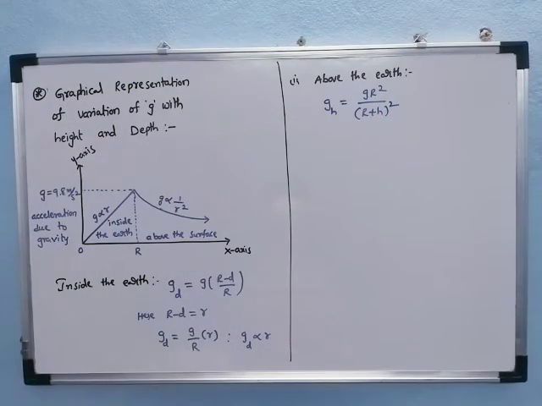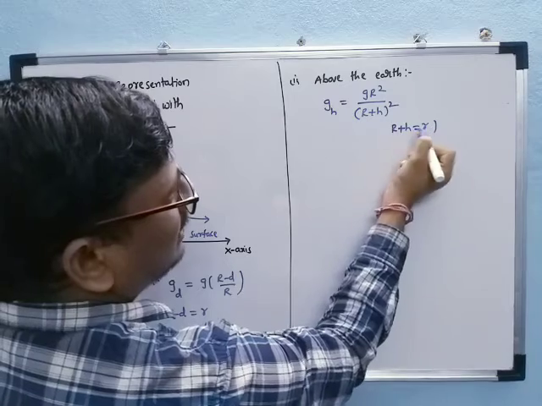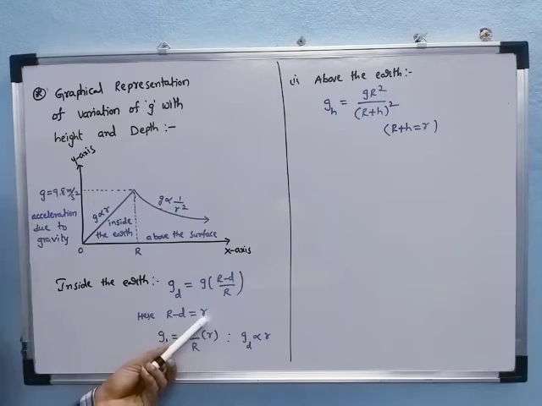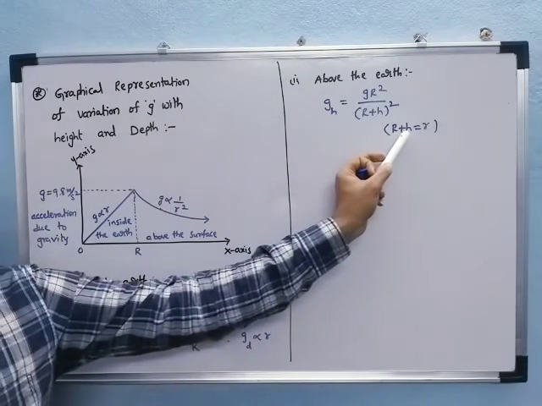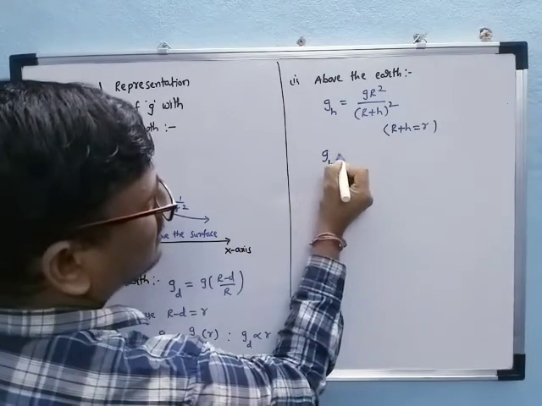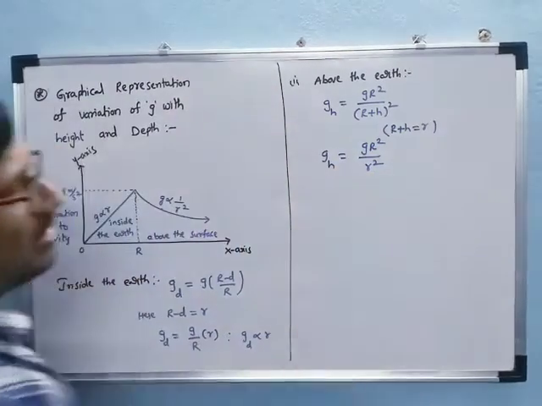Here we assume R plus h is the total distance between the two particles, small r. Then we can substitute: g_h is equal to g into R square by small r square.